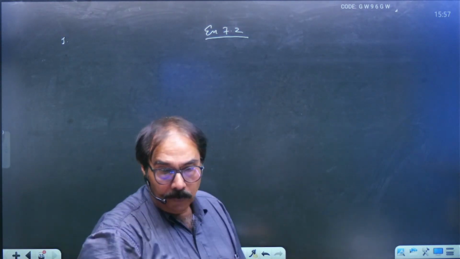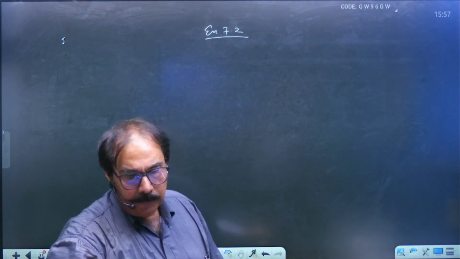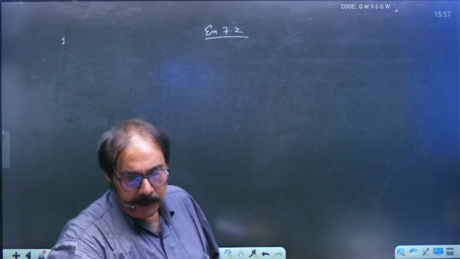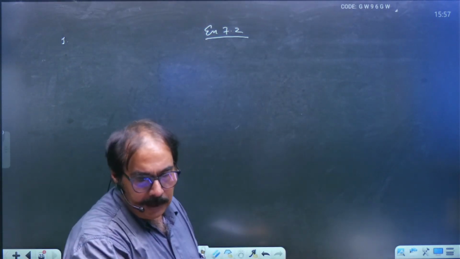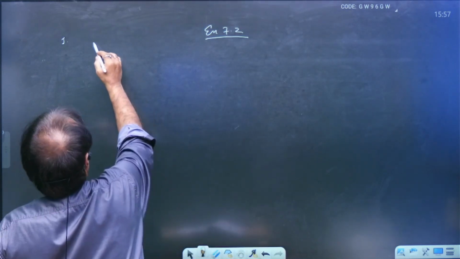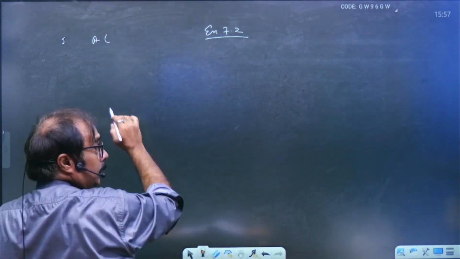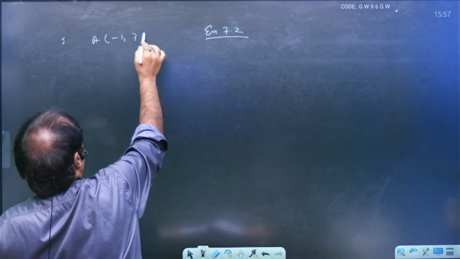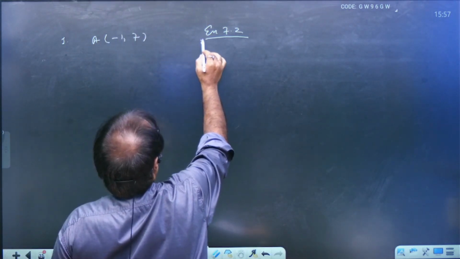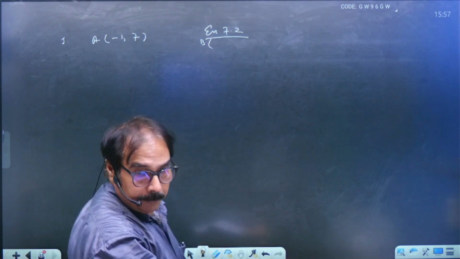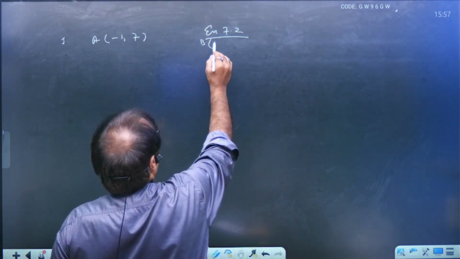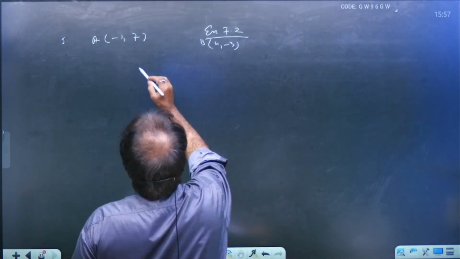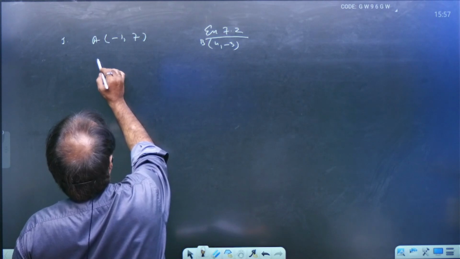What is the question? Find the coordinates of the point which divides the line joining (-1, 7) and (4, -3). So A is (-1, 7), and B is (4, -3), and the line segment joins them.